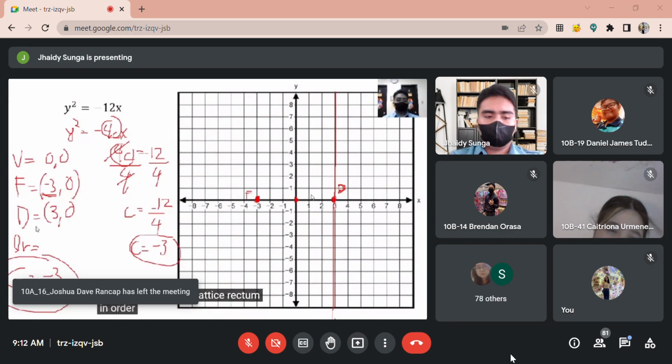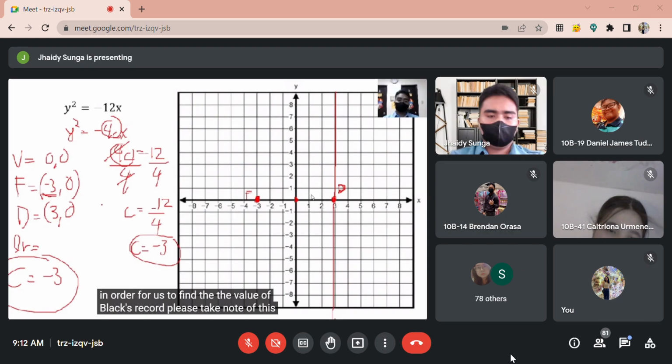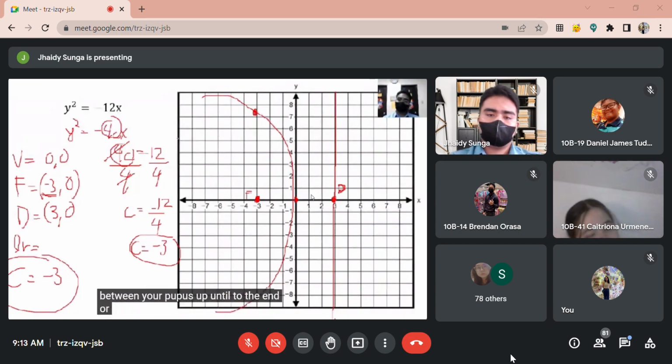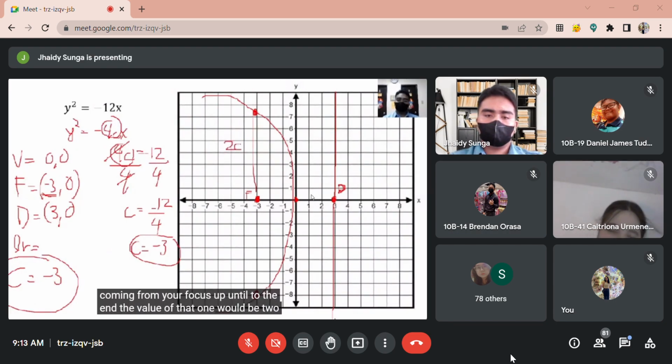In order for us to find the value of the latus rectum, if you have an example, whatever the distance between your focus up until the endpoints of your latus rectum, the value of that one will be 2c.